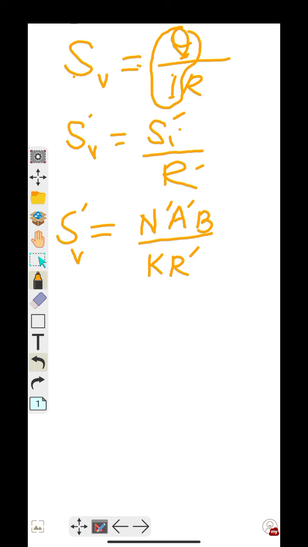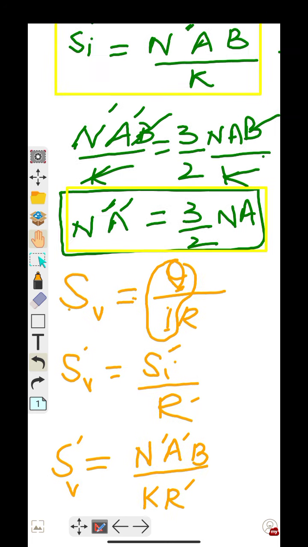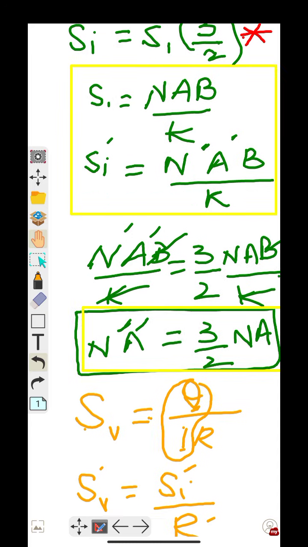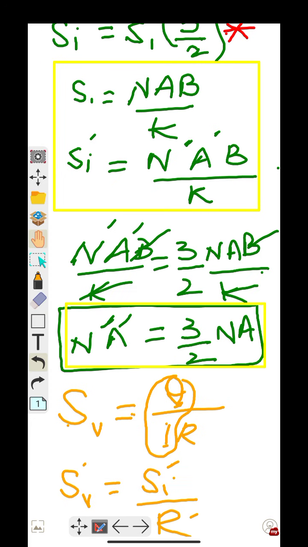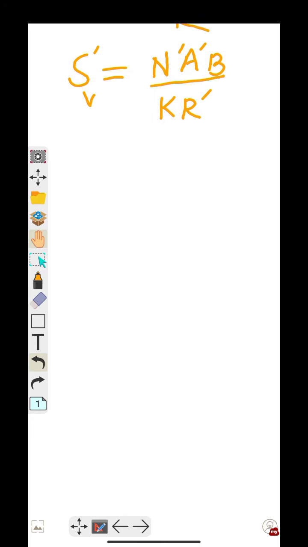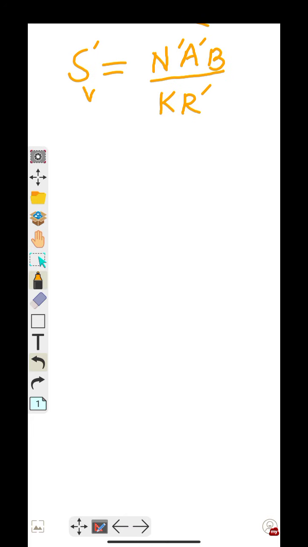Substituting for N dash A dash, which we have derived earlier, into the equation to find the new voltage sensitivity.